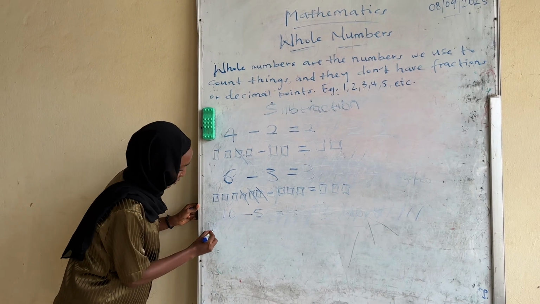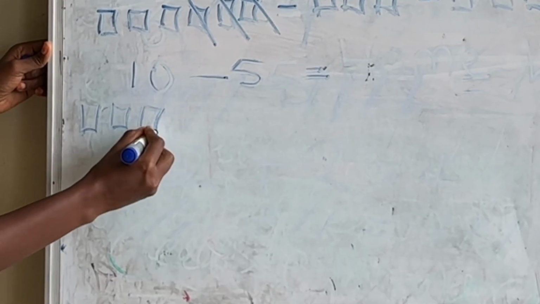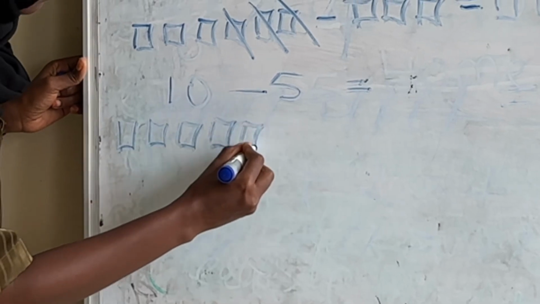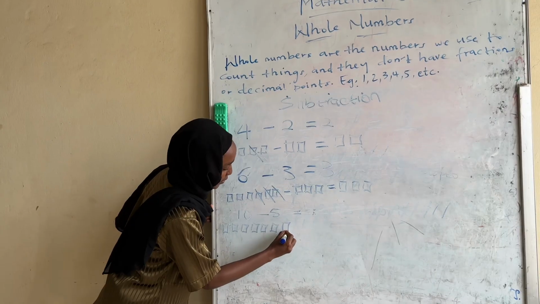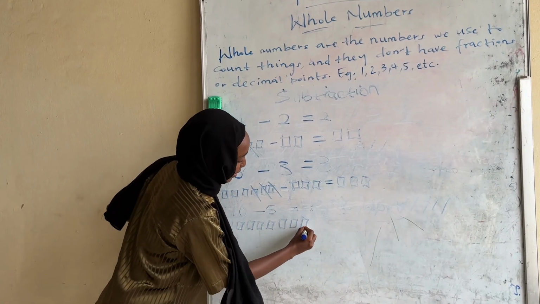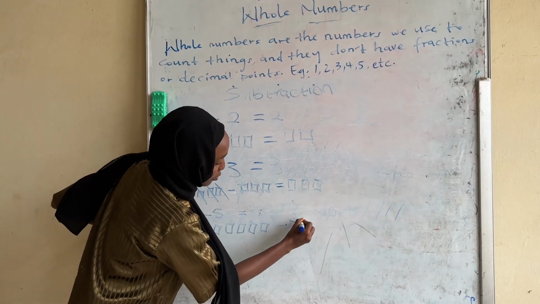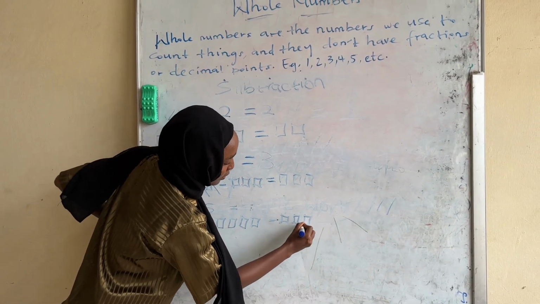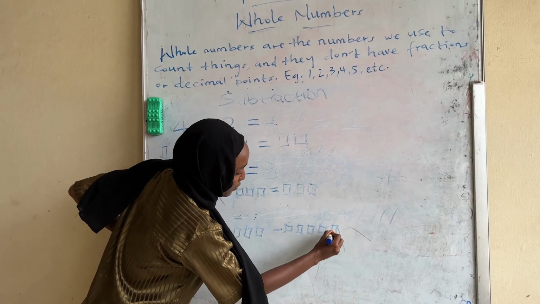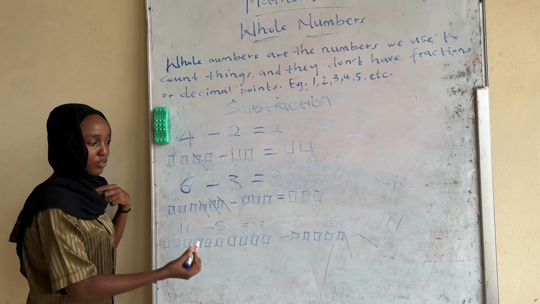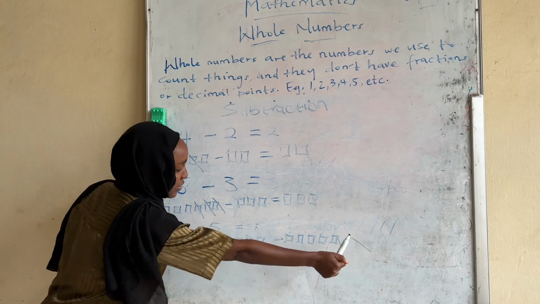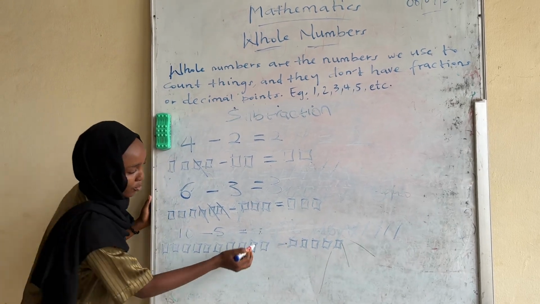He has 10 boxes. 1, 2, 3, 4, 5, 6, 7, 8, 9, 10. And then he took 5 boxes to work, which is 1, 2, 3, 4, 5. How many boxes are left in this room? Remember, you are taking these boxes out of these boxes.